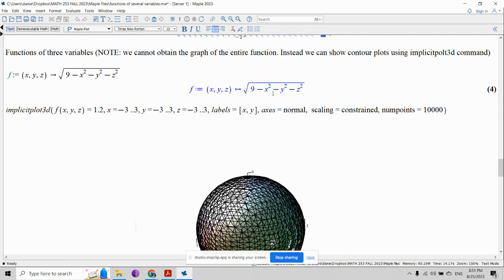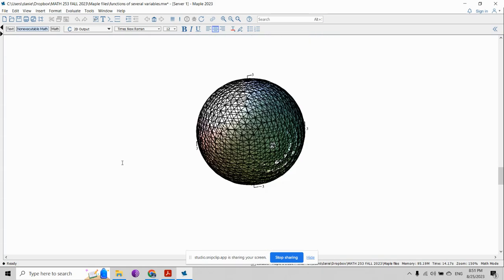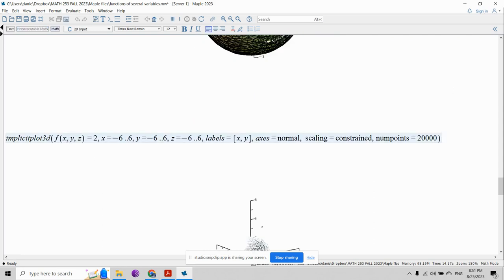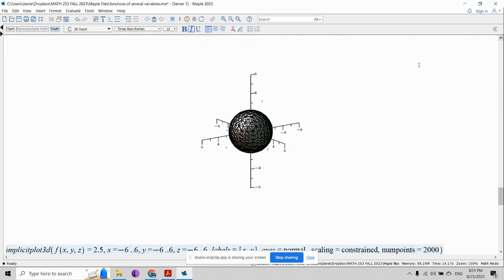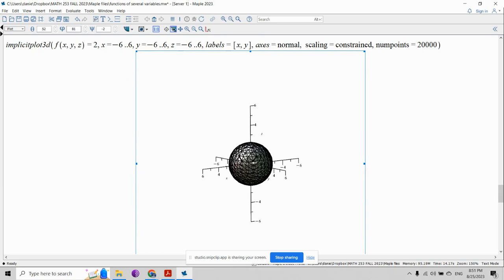As I increase the value of the function, the radius of the sphere actually decreases. If you set this equal to a larger number, when you solve for x squared plus y squared plus z squared, you get a smaller number. So if I increase the value of the function and look at the corresponding level surface, you get smaller and smaller spheres.